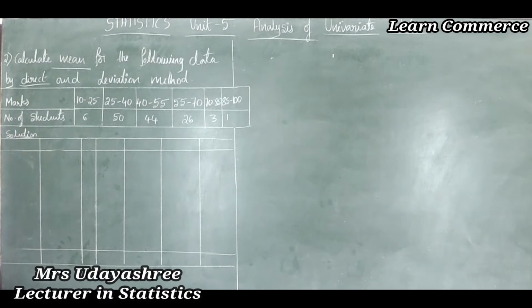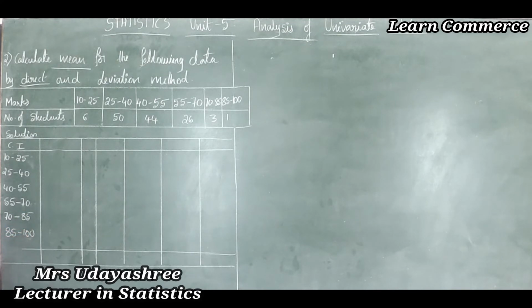Now let's see the solution part. Here I will write the class intervals. The given class intervals are 10 to 25, 25 to 40, 40 to 55, 55 to 70, 70 to 85, next 85 to 100.